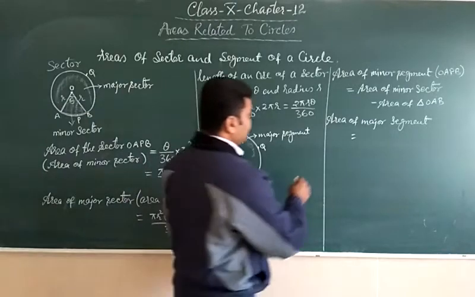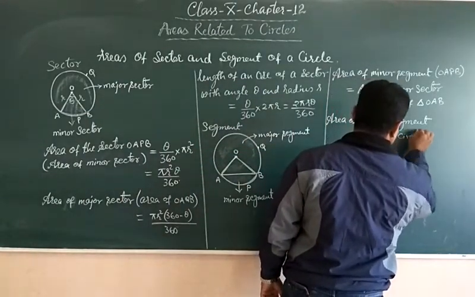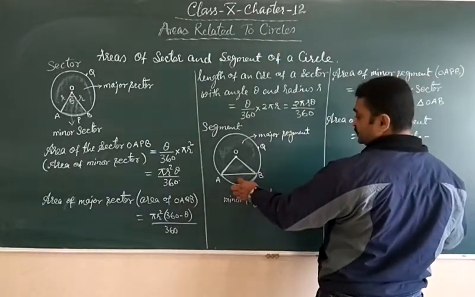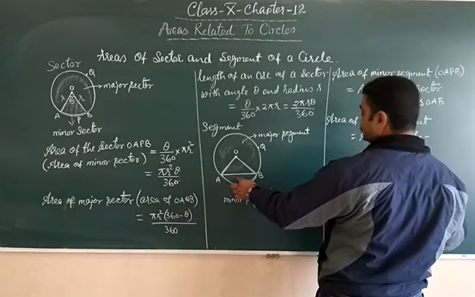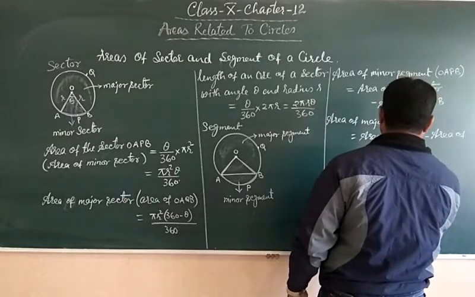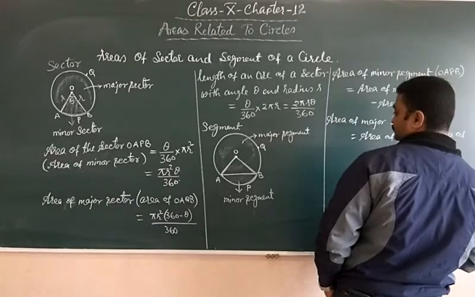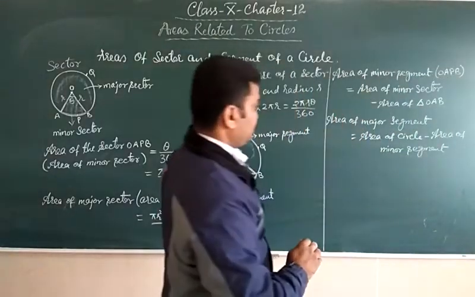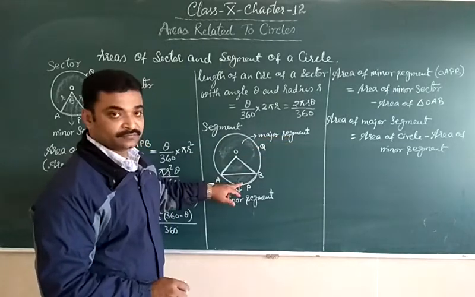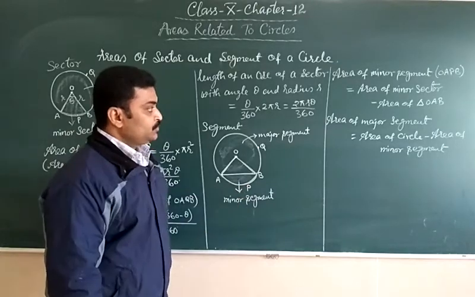So we will write area of major segment is equal to area of circle minus area of this part, that is area of minor segment. Clear?